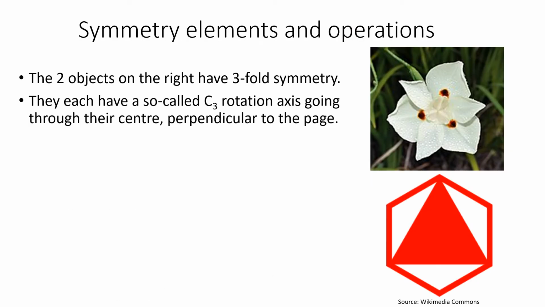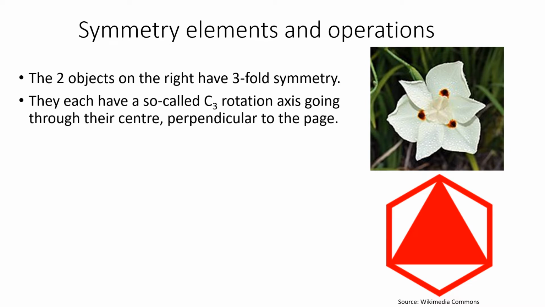And so now on to these symmetry elements and operations. We saw water before, where you had a twofold rotation. And in fact, we see on the illustration here what we might refer to as threefold symmetry, in both of these pictures. Introducing a bit of notation here, it's the so-called C3 rotation, or the C3 rotation axis.